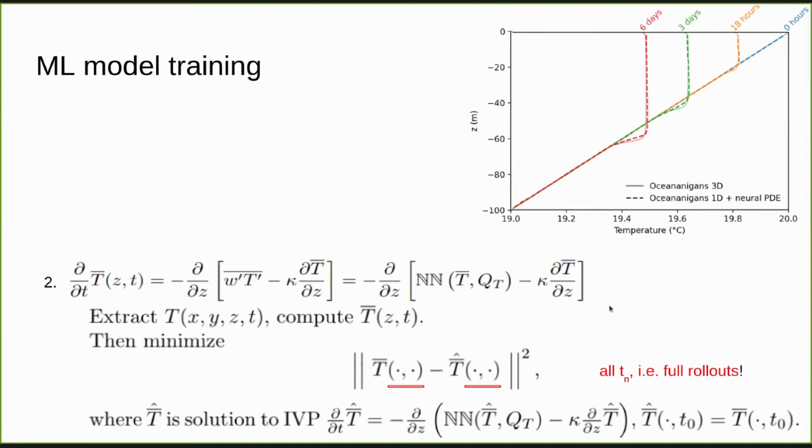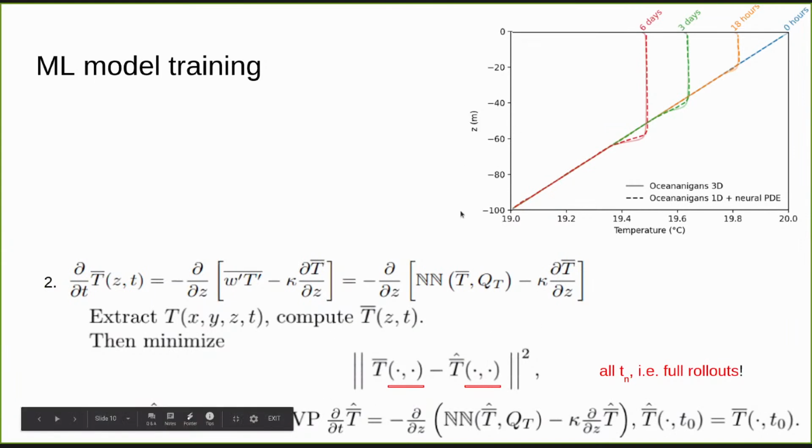And we can compare this to a second simulation, a rollout starting from the same initial state, which evolves according to the dynamics which we learned. So you would solve the system as an initial value problem with the dynamics that we learned with the neural network from the same initial state, and you would get a full trajectory over space and time. And then you do the error on this.